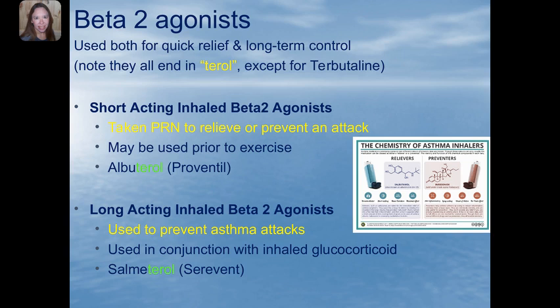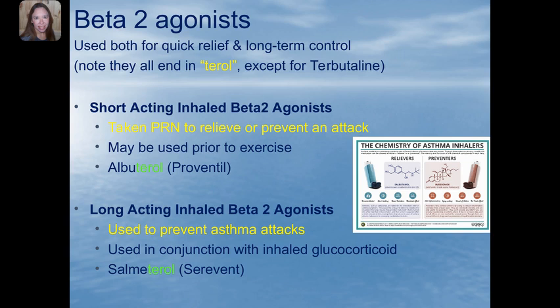The short acting ones are going to be given via inhaler, and they're going to be used as a quick relief to relieve the asthma attack that's currently happening. It is going to be taken PRN because they're not going to be constantly having an asthma attack. This is going to be taken when they are having an asthma attack in order to relieve that asthma attack.